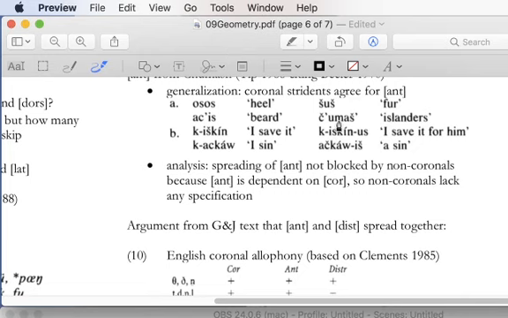And the idea here is that you wouldn't expect to be able to spread a feature across another instance of that feature. In feature geometry, we can handle this by saying, well, if it's not a coronal consonant, then it isn't specified for anteriority, and that's why anteriority can spread across it, because there's simply no anterior node under this consonant, because anteriority is a dependent of the coronal place node. That would be the basic idea here.